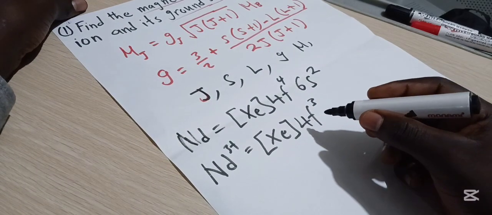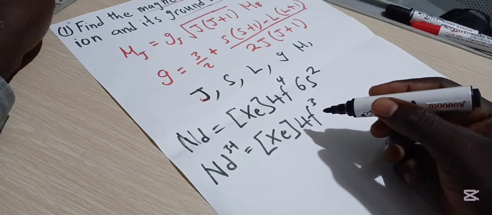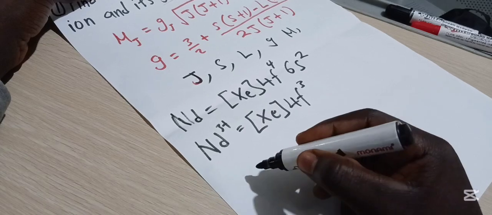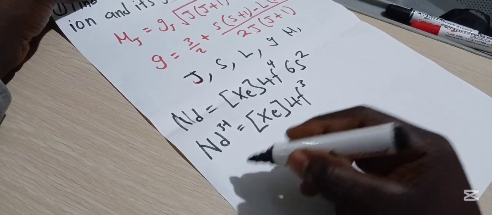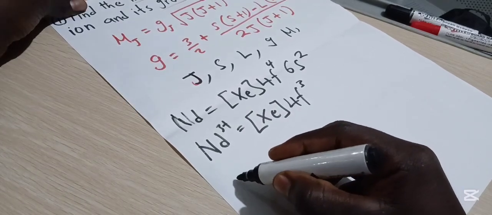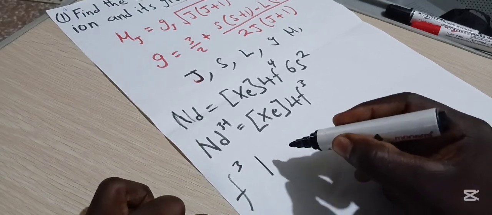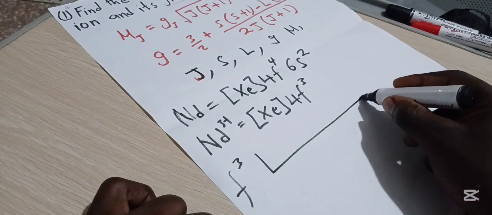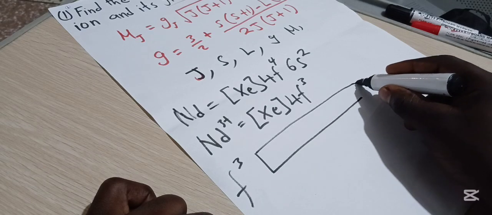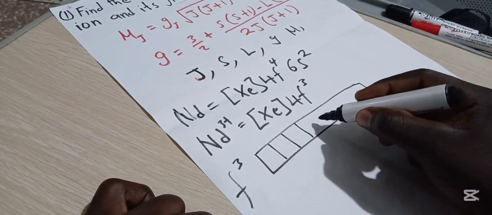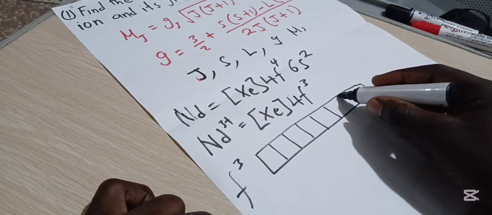Before we get the values for S, L, and J, we have to draw the f orbital. We are looking at f3. The f orbital has 7 suborbitals, 1, 2, 3, 4, 5, 6, 7.